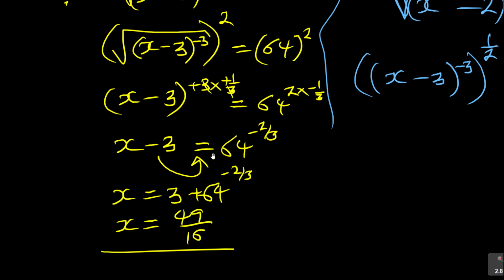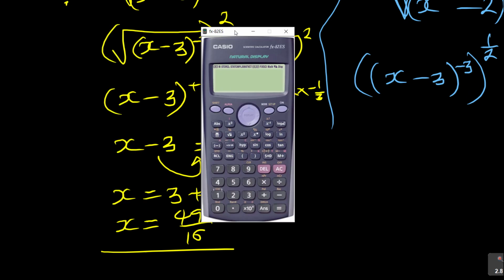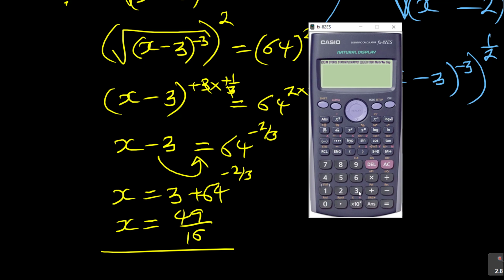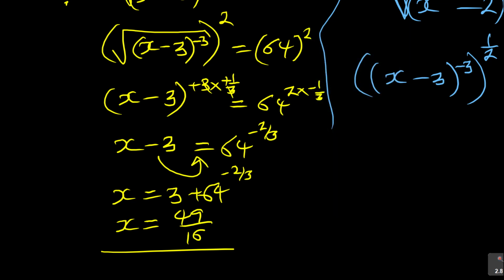Let's try again, making sure that we did the right thing here. If I say 3 plus bracket, let's put bracket for argument's sake, 64 to the power -2/3. Let's see what it is. Okay, it maintains the same answer. So let's leave it like this. You see the importance of testing.